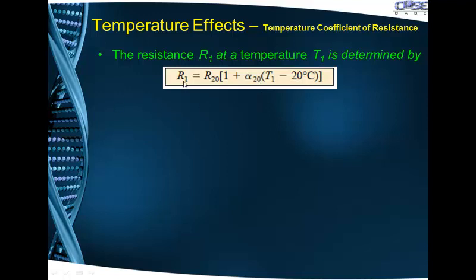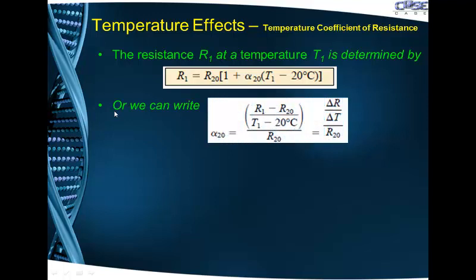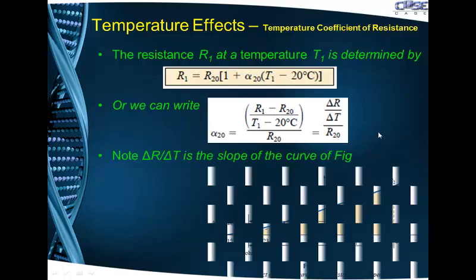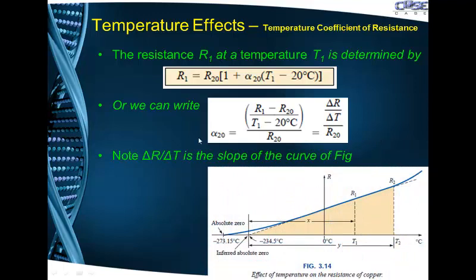I can compute the value of R1 at any temperature T1, higher or lower than 20 degrees centigrade, by just plugging in the temperature, if I know the value of alpha and the resistance at 20 degrees centigrade. From this relationship, alpha 20 can be defined as delta R by delta T over R20. Now delta R by delta T is the slope of the curve.